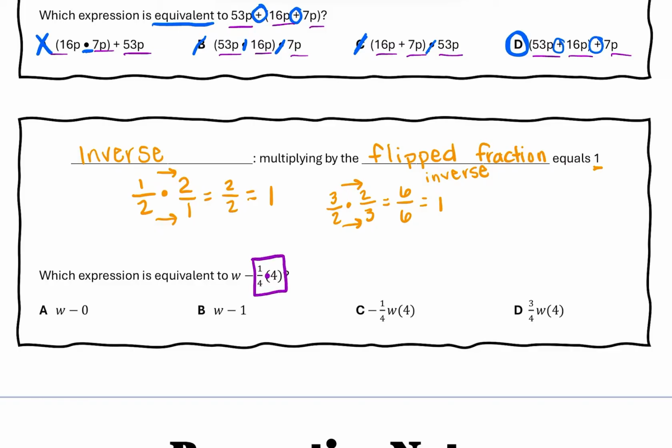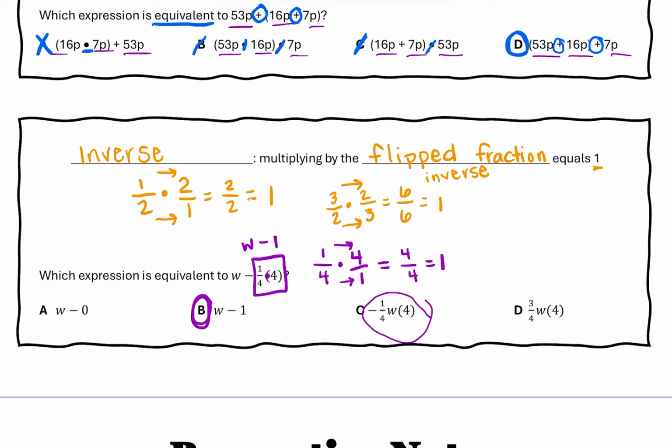Some of you might want to turn that fraction into a decimal, which is fine, but I'm going to keep it as a fraction and do 1/4 times 4, and whole numbers go over 1, and then I get 4 over 4, which equals 1 whole. If I rewrite, I have W minus 1 whole, which is indeed B.